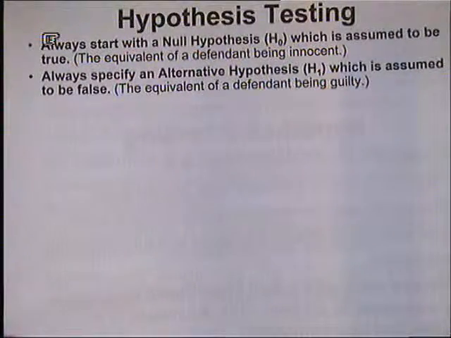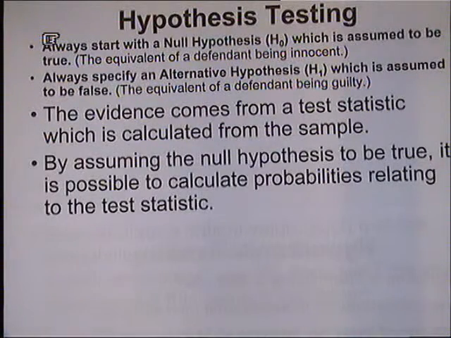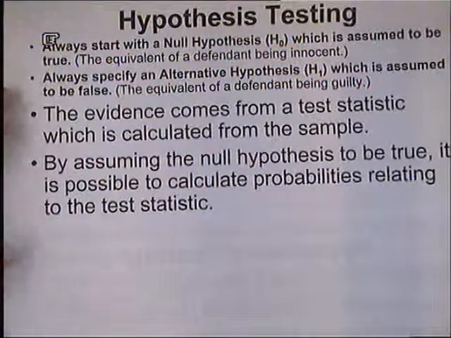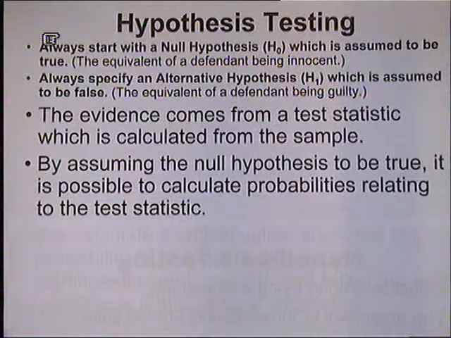Okay? So, the evidence that we use to decide which hypothesis is true, the null hypothesis or the alternative hypothesis, has to come from the sample of items, whatever that we are looking at. And by assuming the null hypothesis to be true, which is what we said we always do, it's possible to calculate probabilities relating to our test statistics.